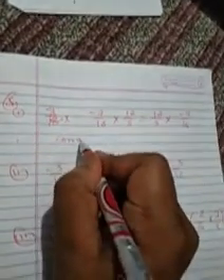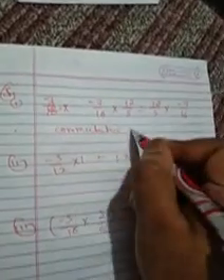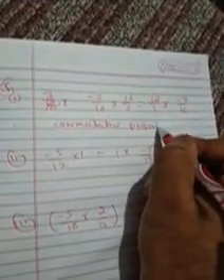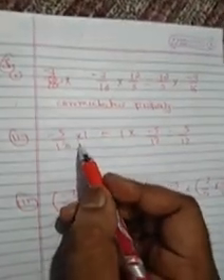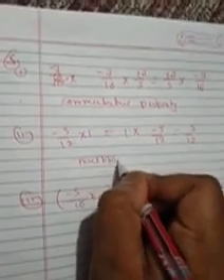Now we have already studied the properties. This one, we can remember, is the commutative property. This one is the multiplicative identity property.